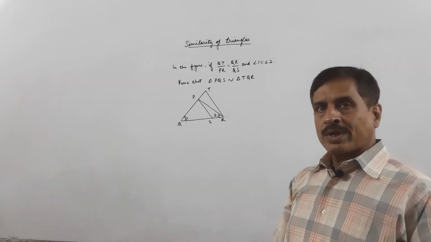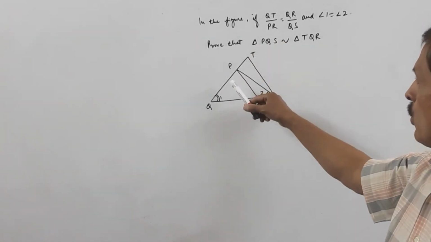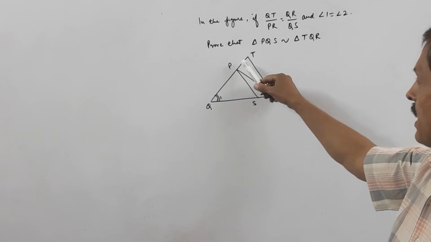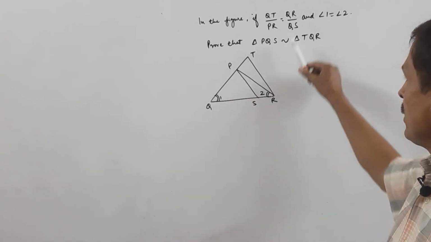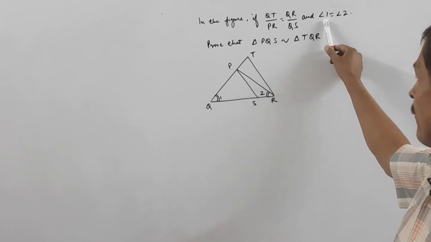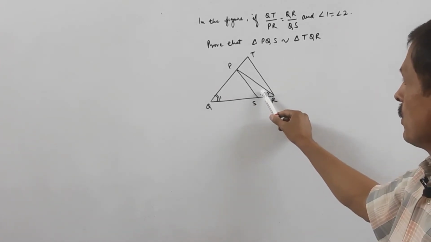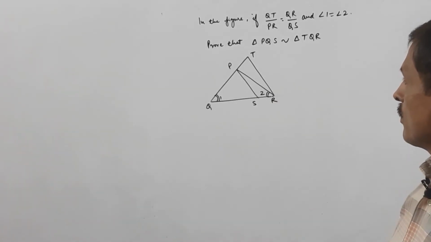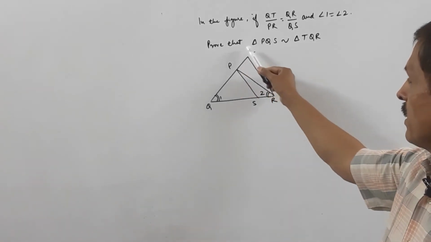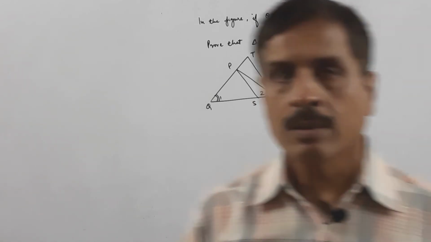Now we consider a question. In the figure, if QT upon PR is equal to QR upon QS, and angle 1 is equal to angle 2, prove that triangle PQS is similar to triangle TQR.